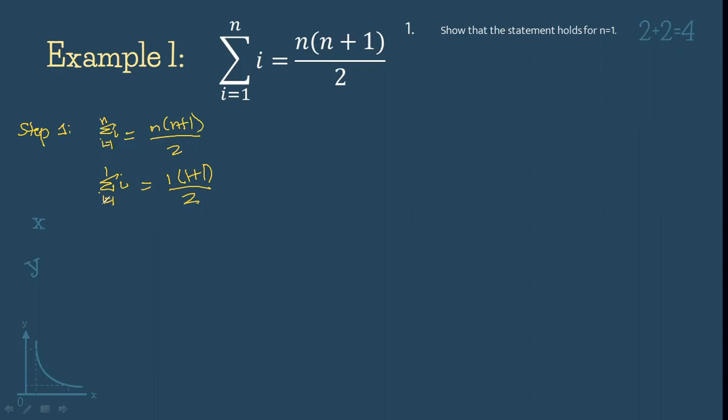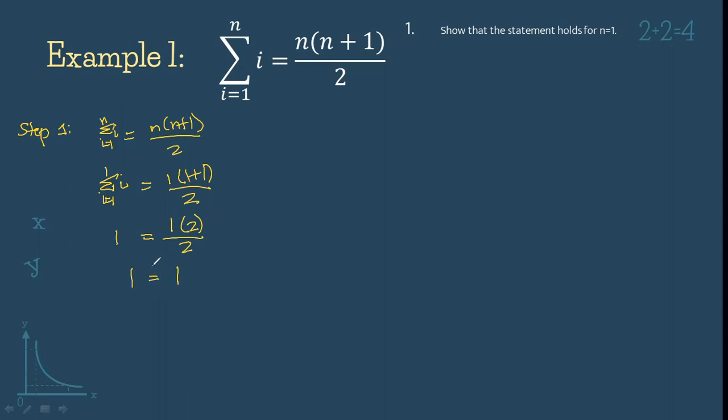Ngayon po, sabi dito, mag-i-start daw po tayo kay 1 hanggang kay 1. So ano po ang summation niya? 1 lang po yan. So we have 1 times 1 plus 1, that is 2, all over 2. So that is 2 times 1, that is 2, divided by 2, that is 1 ulit.